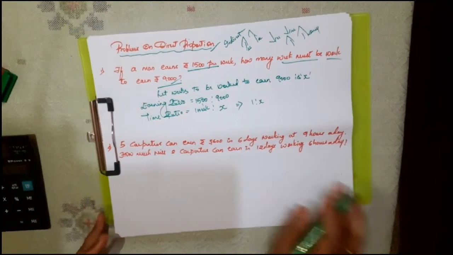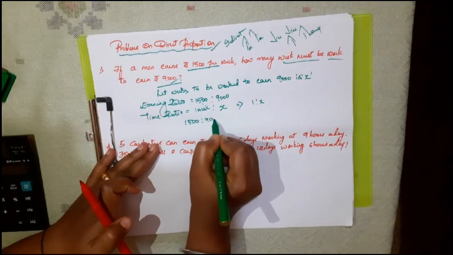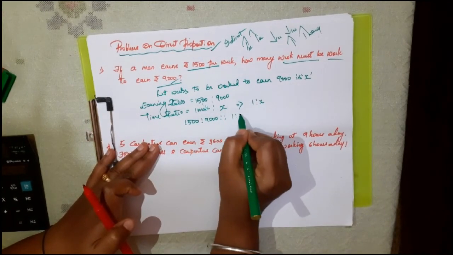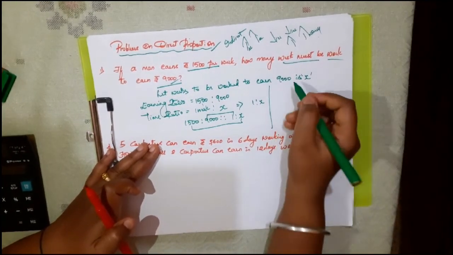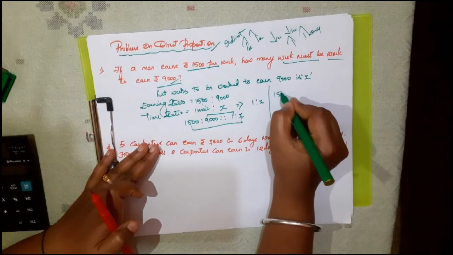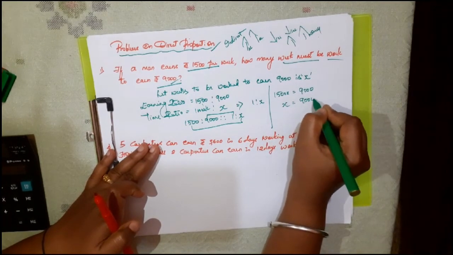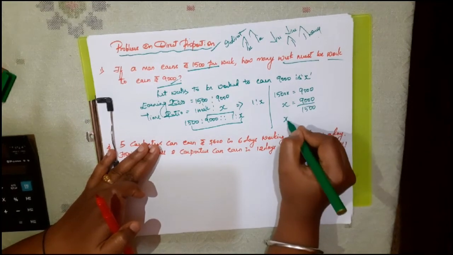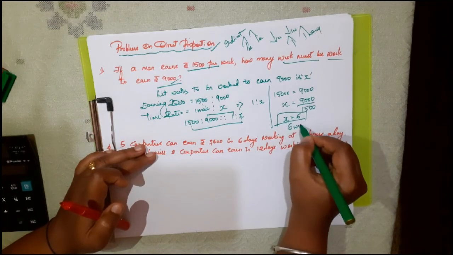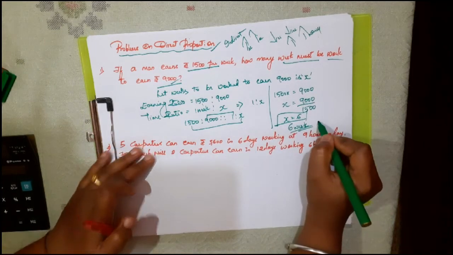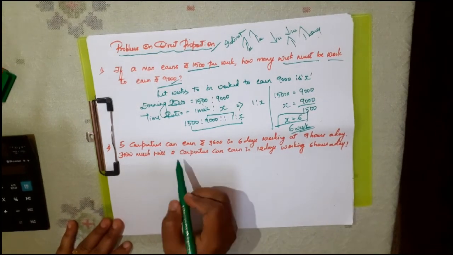Direct proportion means we consider the ratios as they are. So 1500 is to 9000 as 1 is to X. Product of extremes, product of means. So you're getting 1500x is equal to 9000. X is equal to 9000 by 1500. X value is 6. So 6 weeks he has to work to earn 9000 rupees. So this is how you have to calculate. Let us take up the next question.